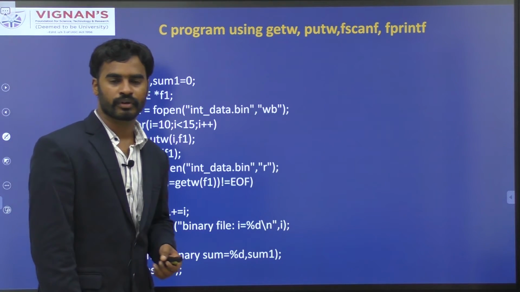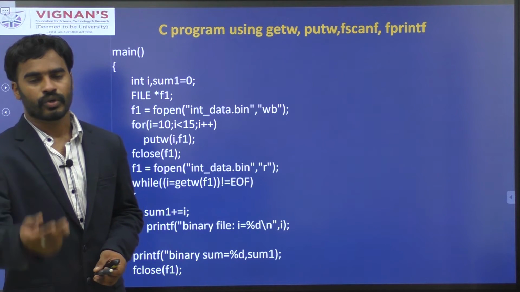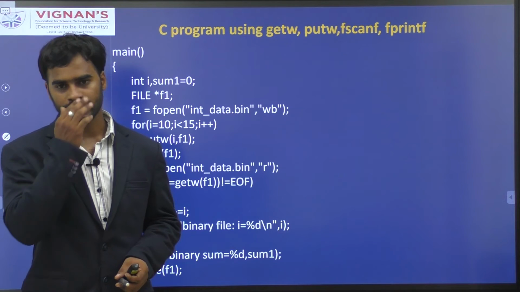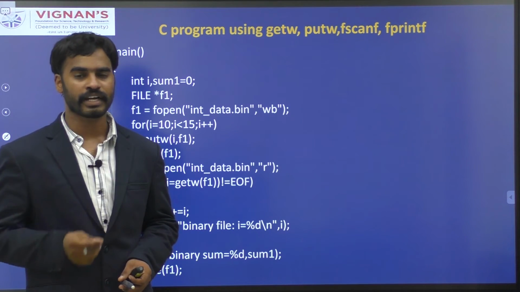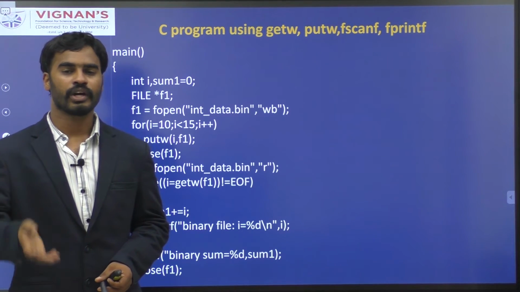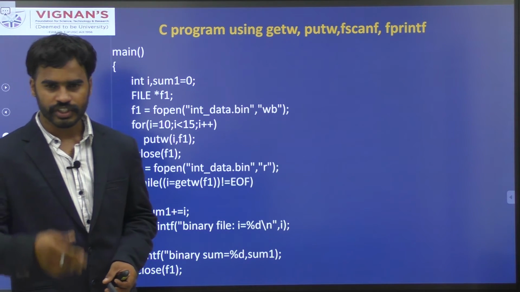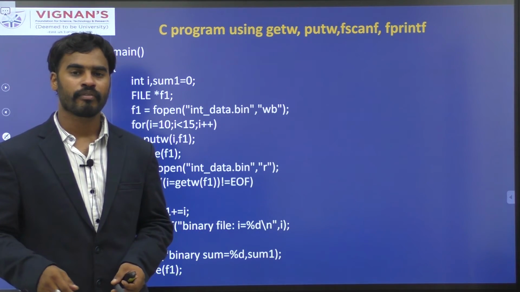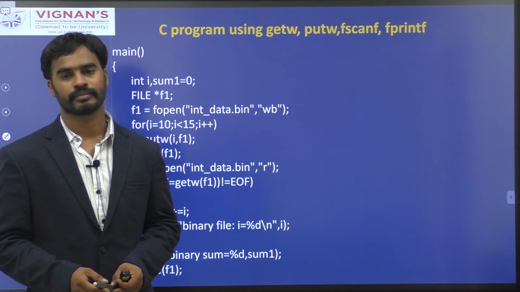So what we are doing in this program is, we are going to write integers from 10 to 15 in a binary file using putW function. Then we are going to read all those integers from the file using getW function and perform addition of all the numbers.